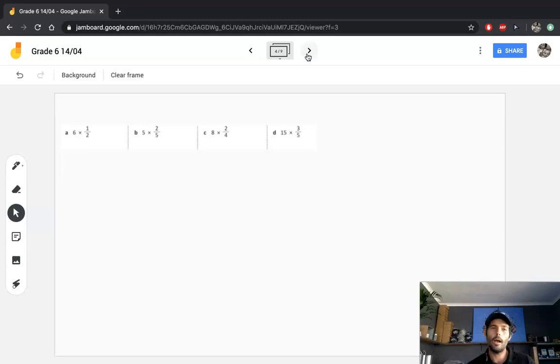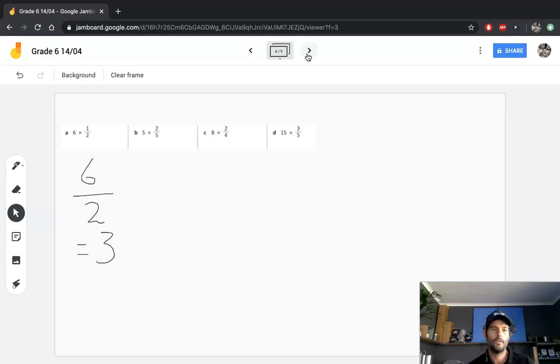For A, I don't think we actually need to work anything out. So 6 times a half, we can work it out and write out a half 6 times. That's going to give you 6 over 2, and that is equal to 3.